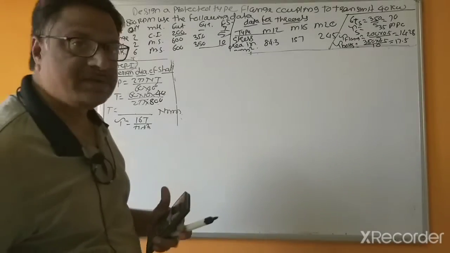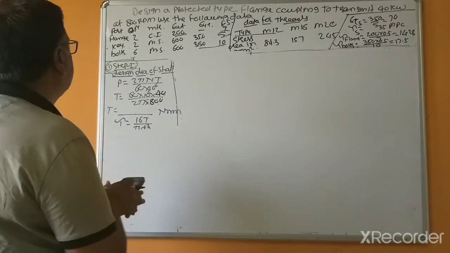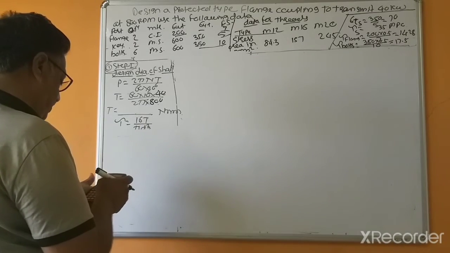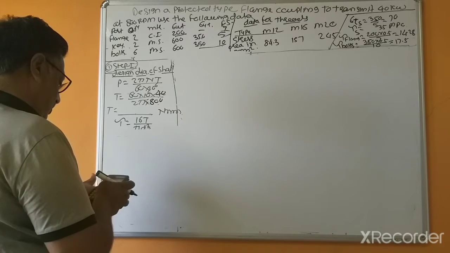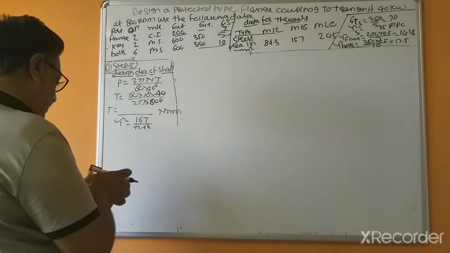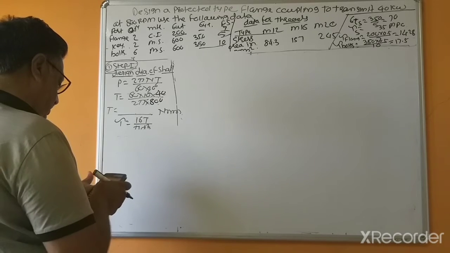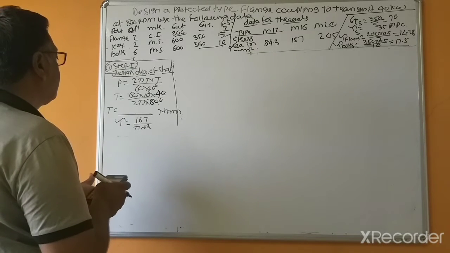But for these problems, I will eliminate some of the steps. 60 into 10 to the power 6 multiplied by 40 divided by 2 divided by pi divided by 800.